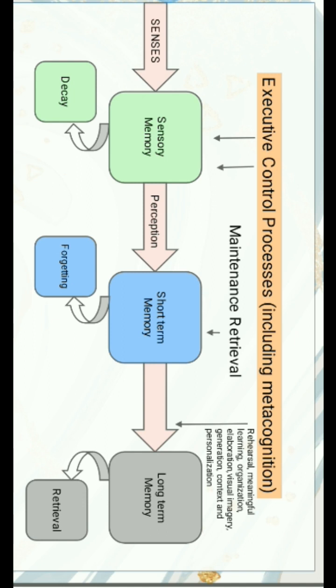So now let us try to understand the model of executive control processes. As we can see in this model, the senses are stored in the sensory memory, and then through perception to short-term memory and to long-term memory.